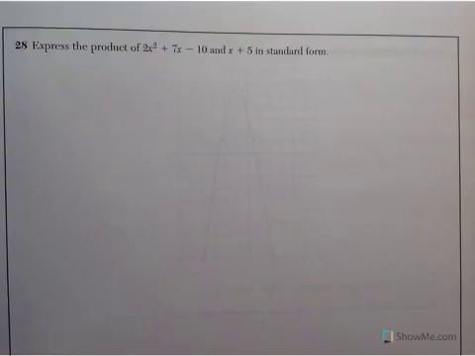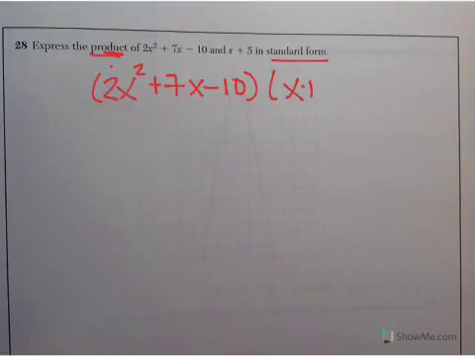Number 28, express the product. We've seen this word quite a bit, and this is multiplication. The product of 2x squared plus 7x minus 10 and x plus 5 in standard form. Okay, so what we're going to do is take 2x squared plus 7x minus 10, and we're going to multiply it by x plus 5.